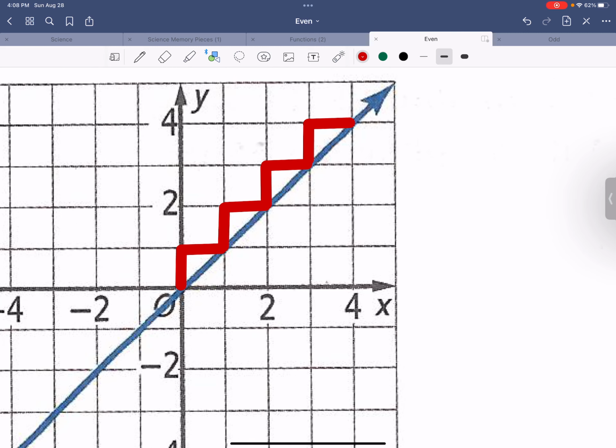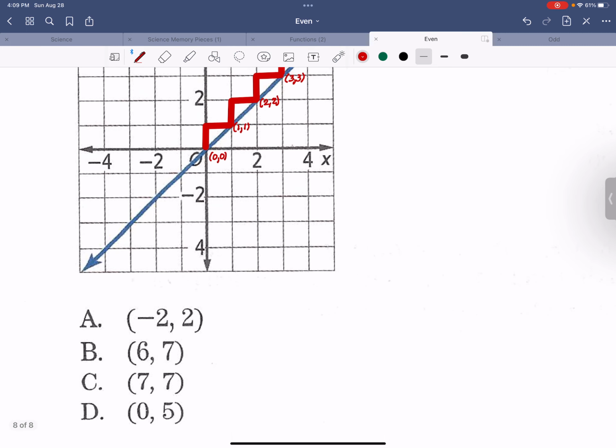Rise 1, run 1. So let's put the points in that we're looking at. This is 0, 0, the origin. And then you have 1, 1, and 2, 2, and 3, 3, and 4, 4. So which of these choices fits that pattern?